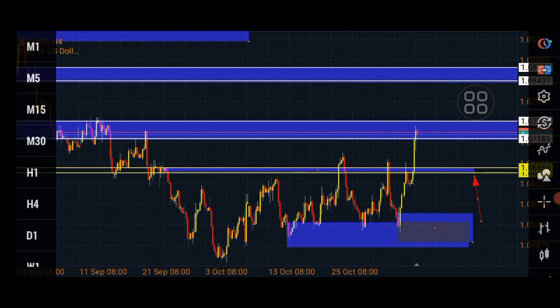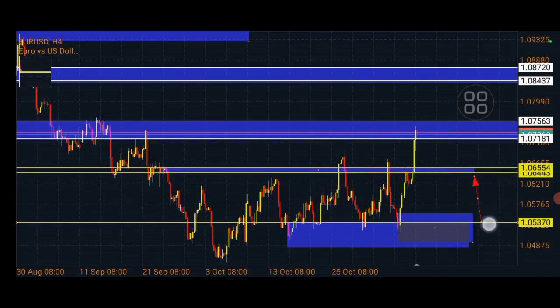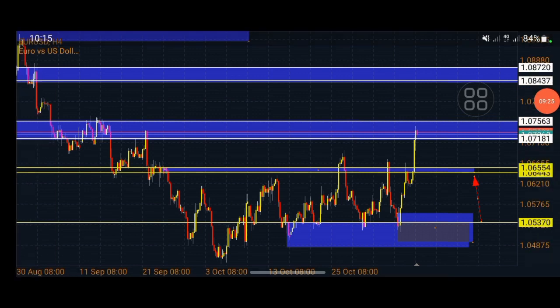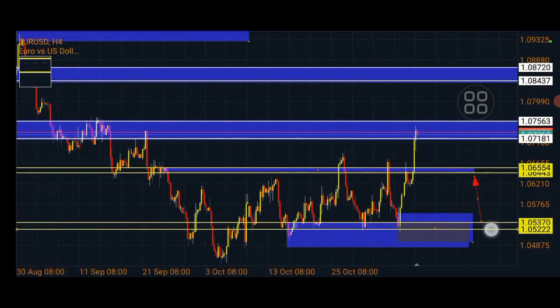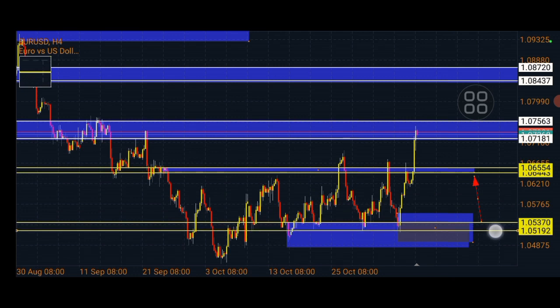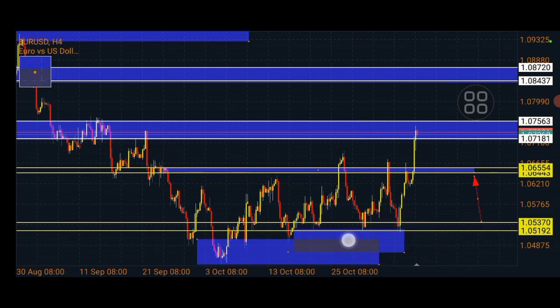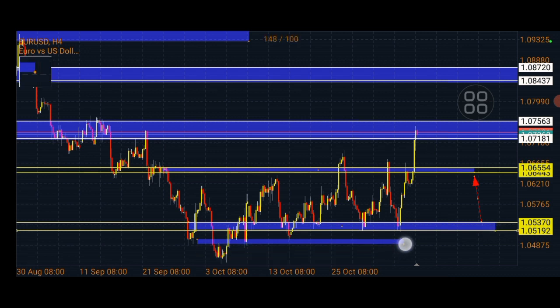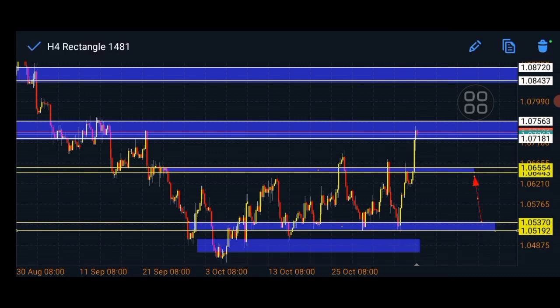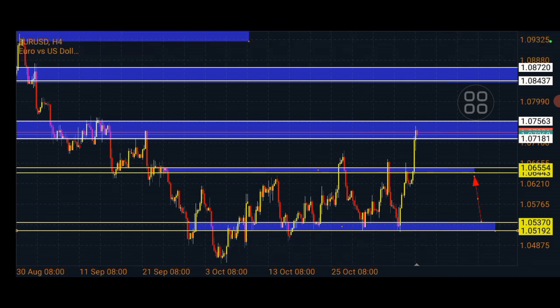So this zone here, price can come back to this zone. So swinging or scalping, it depends on what you are looking for. These zones are quite alright.